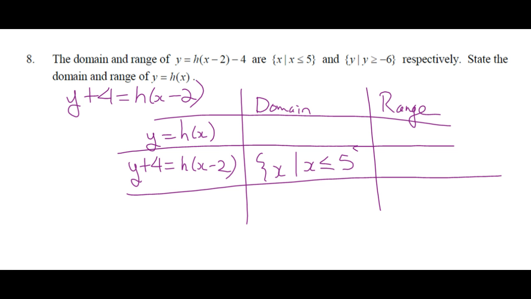And it's the set of all y such that y is greater than or equal to negative 6. And so, what does this do? Down 4. What does this do? Right 2.